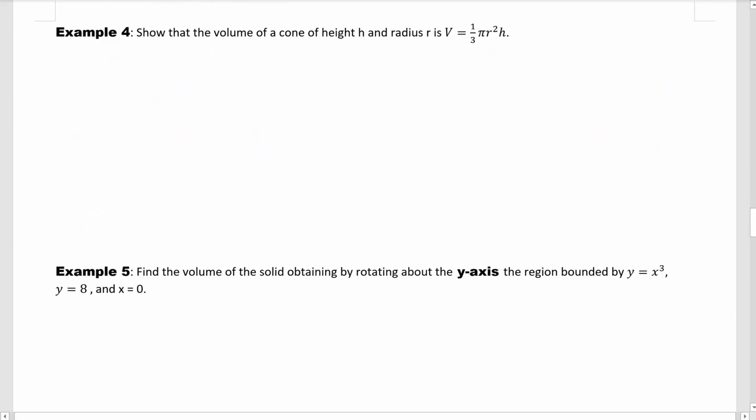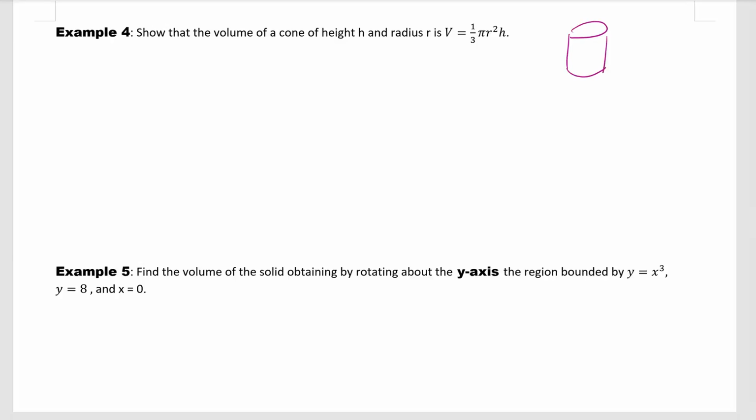Okay, next. Example 4. Show that the volume of a cone of height h and radius r is 1/3 pi r squared h. So do you know this formula?